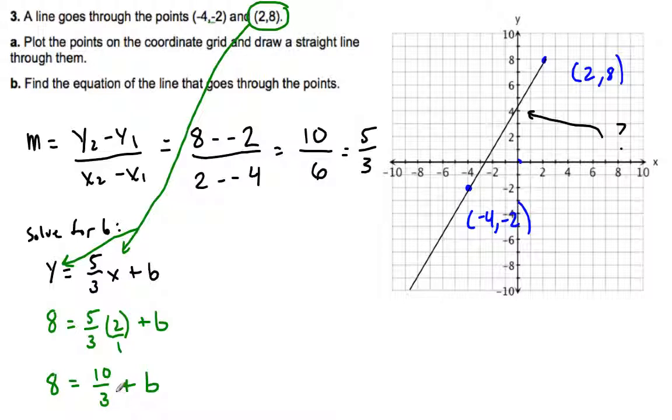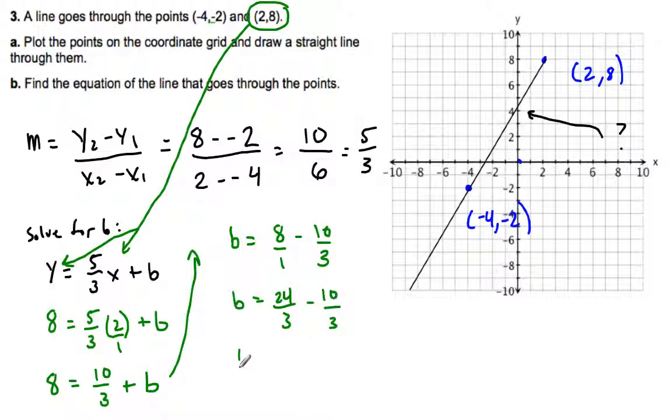Now we want to find b. b is going to be 8 minus 10/3, so we want to get a common denominator. We get 8 over 1, times 3, the same thing as 24/3 minus 10/3, and we find that b is equal to 14/3.